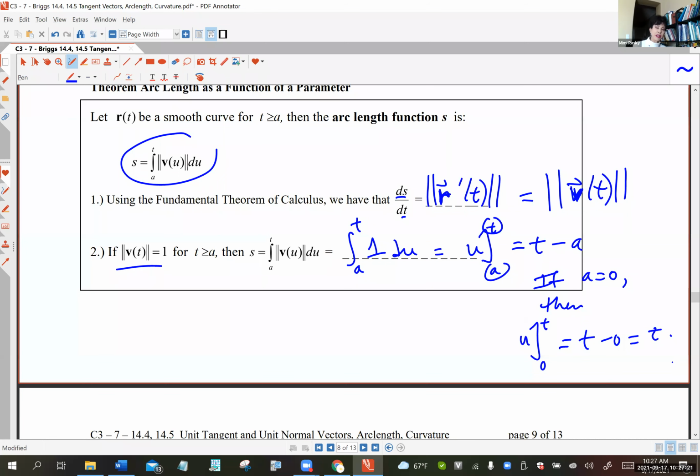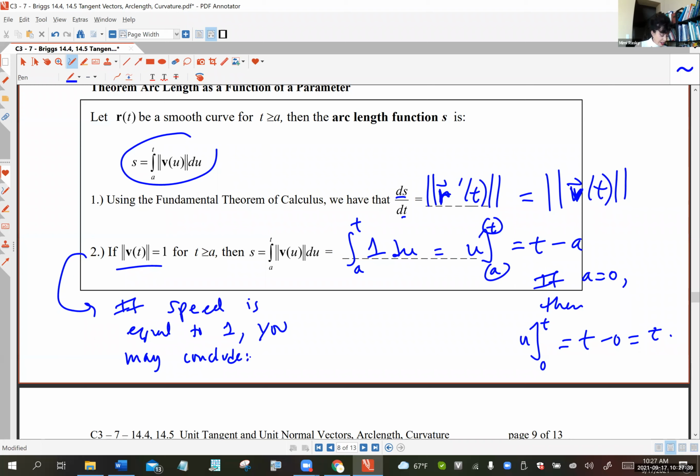So you may be thinking, okay, so what? So in English, here's what number 2 is saying. If it turns out that speed is equal to 1, you're guaranteed that the following is a fact: the curve is parameterized using the arc length function.